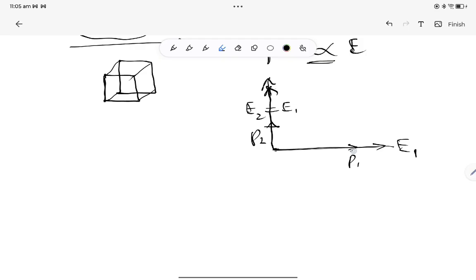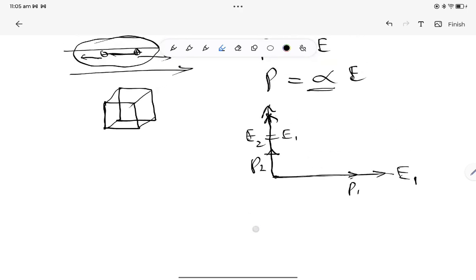Now, let's see here. What is the net polarization? If we apply both fields simultaneously, net polarization will be, of course, by a simple parallelogram law, let us calculate it. This will be net polarization. And what about net electric field? This is net polarization, net electric field.